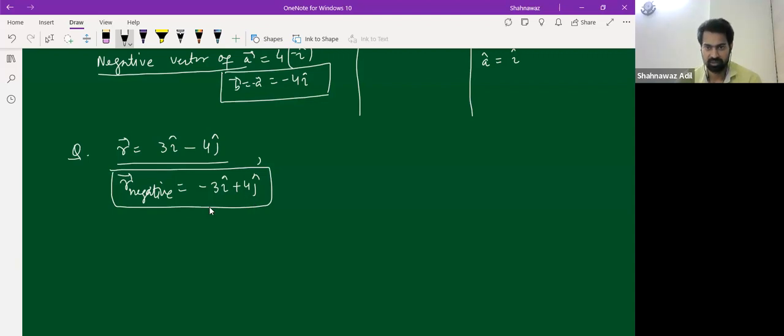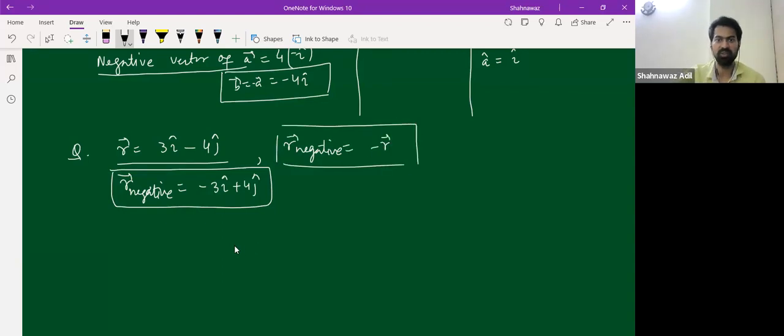Yes, absolutely correct. So negative r would be simply minus of r. That is how we can calculate it.